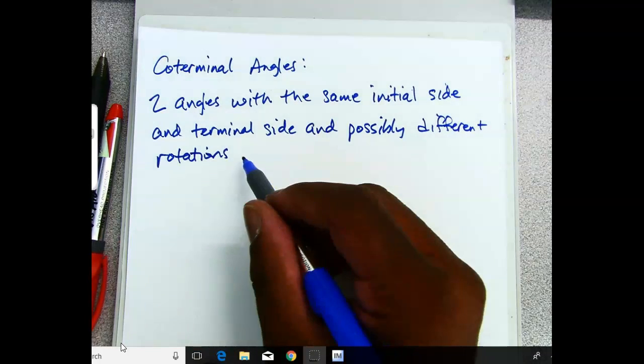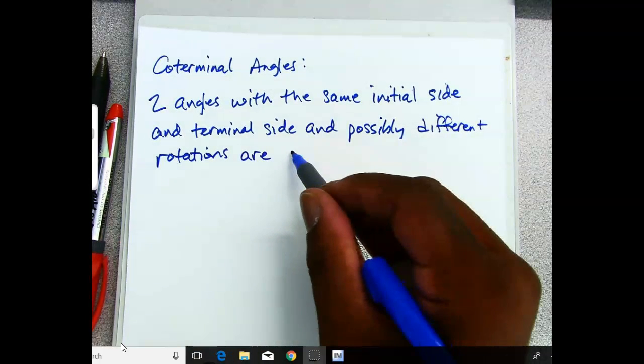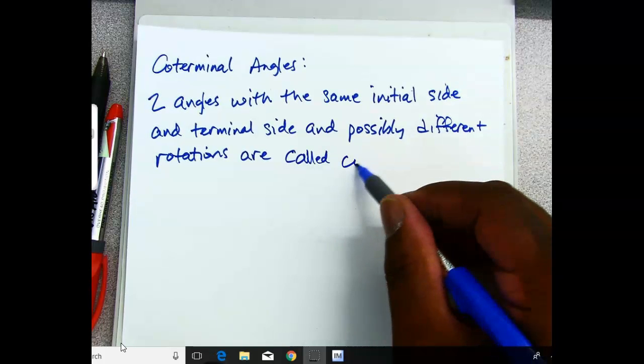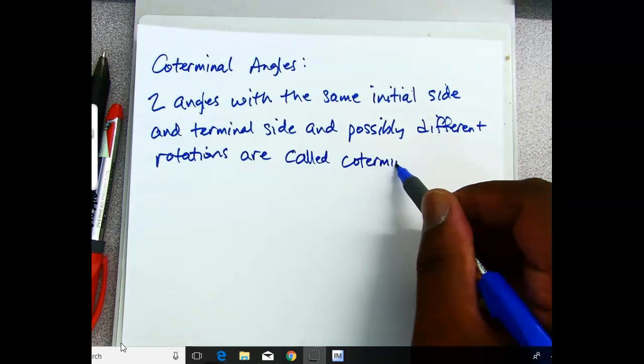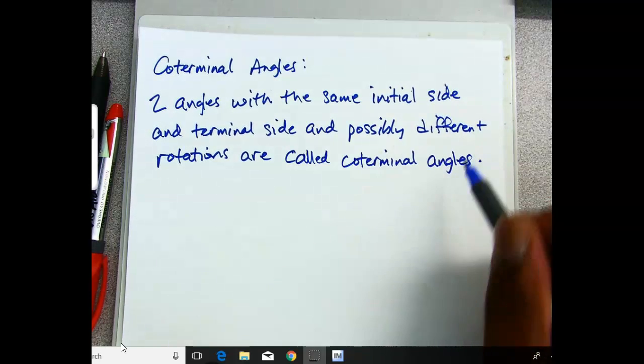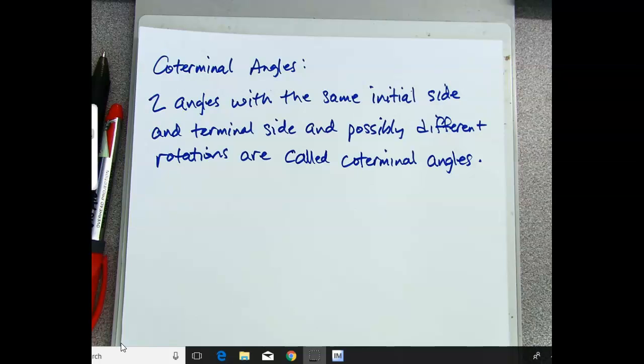These are called coterminal angles. So two angles with the same initial and terminal sides and possibly different rotations are called coterminal angles.